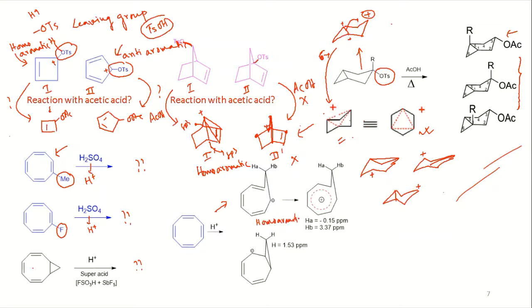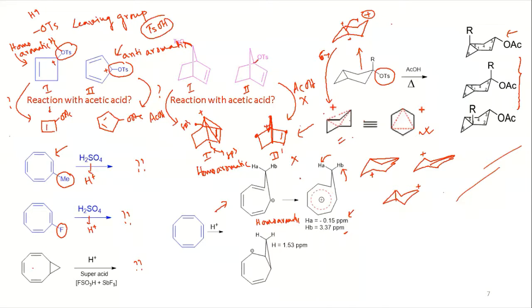Now you have two hydrogens here, Ha and Hb. Ha will be directed to the ring current, Hb is away from the ring current. For Ha, due to diatropic nature, the Ha value will be lower and the Hb value will be higher, because Ha is falling in the ring current.